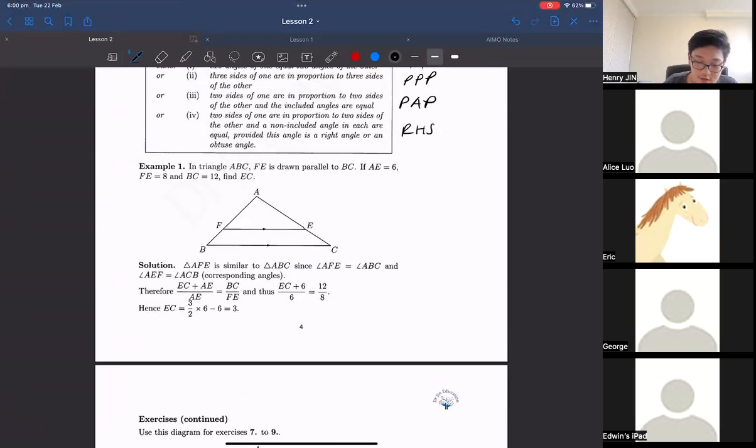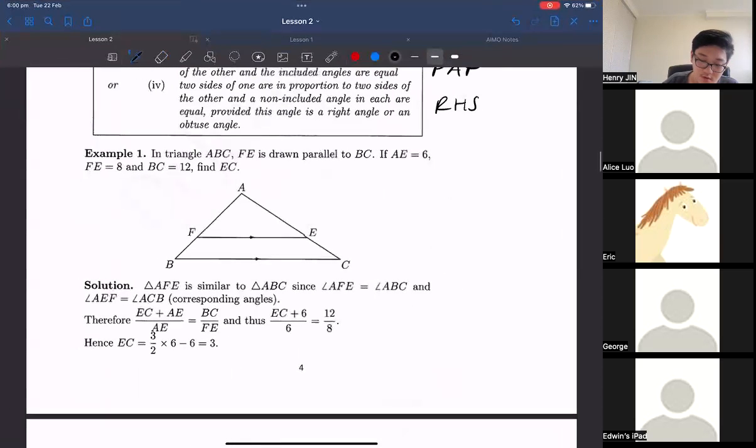Okay, so I'll just go through this quick example. I have FV is 8, BC is 12. So, solutions. In Olympiad, you should always just prove it. So you can just go in AFE and ABC.